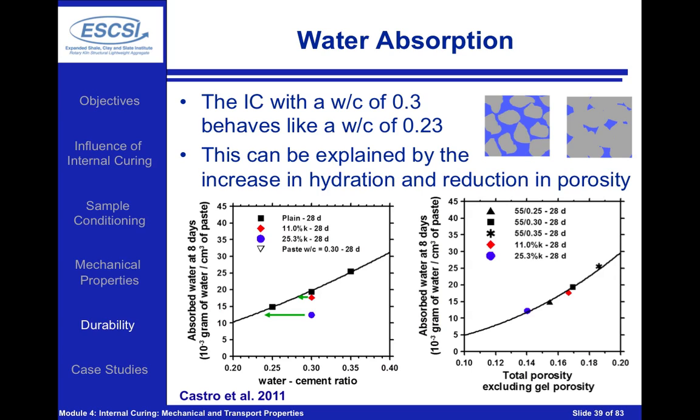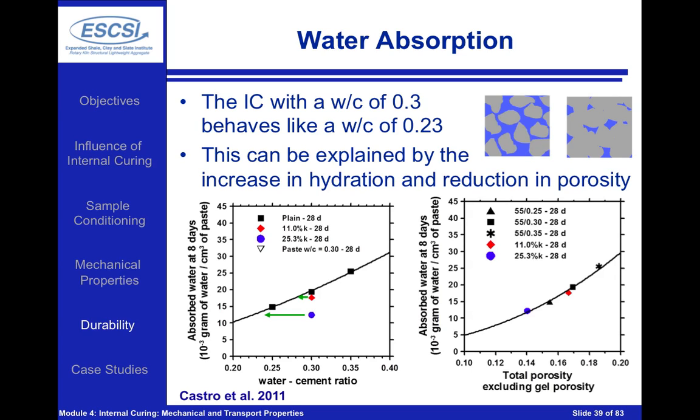Now, we can think of this a little bit if we look at these graphs here, where we're getting an additional effect of the hydration, which is filling in the porosity. We're getting the additional effect of essentially having a more dense interfacial transition zone.